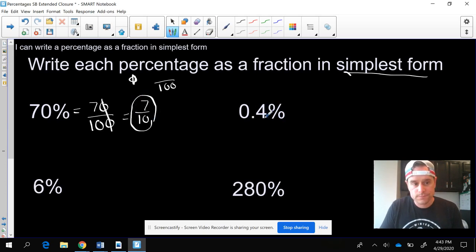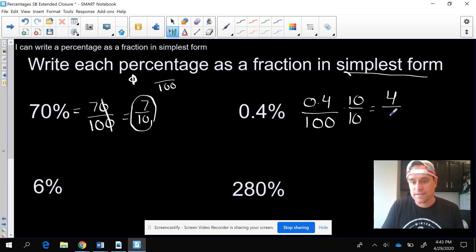What about 0.4%? That's a tougher one. You could say 0.4 over 100, but we don't like that. We don't want to ever have a decimal inside a fraction. So how do we make this so there's not a decimal? Well, really, guys, 0.4% is the same thing as 4 over 1,000.